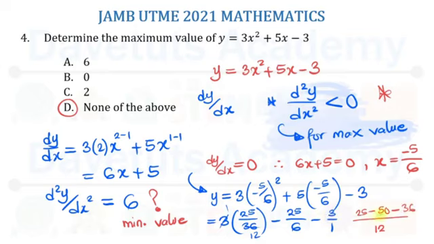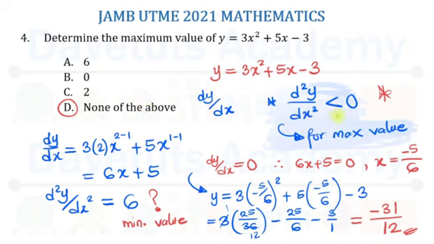See, you have 25, you have minus, so this is going to give you something that is actually a negative number, okay? Maybe like 25 minus 50 is minus 25, minus 25 and 36 will be minus 61. So what you have here is minus 61 over 12, okay? Or something like that. It's even a negative number, and that is not included in the options that you have here.